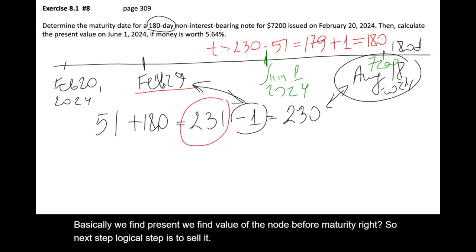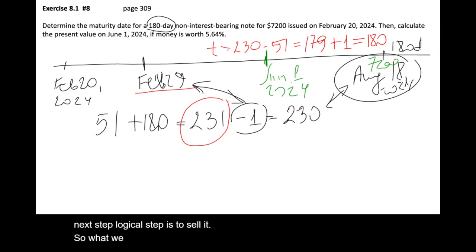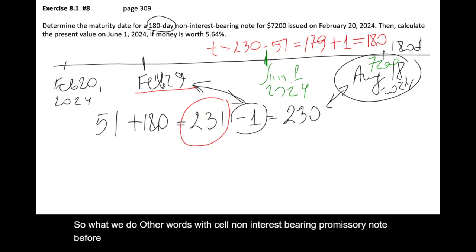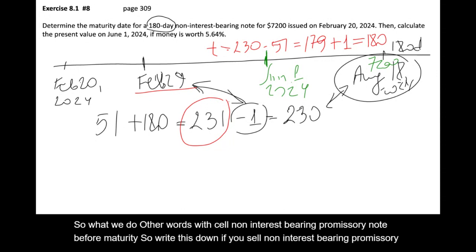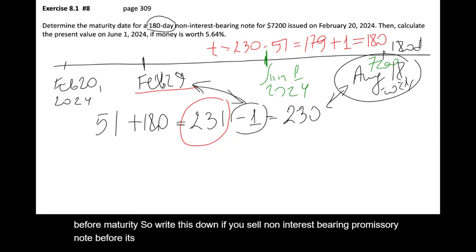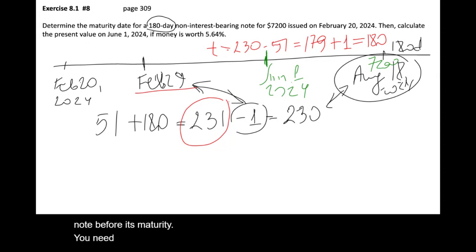So what we do, in other words, we sell non-interest-bearing promissory note before maturity. So write this down. If you sell non-interest-bearing promissory note before its maturity, you need one step only.